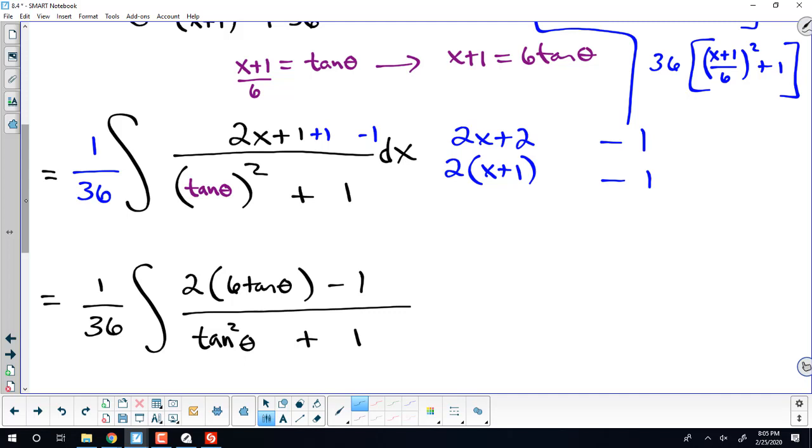So what would dx be? Six secant squared of theta d theta. Yep. Because we've got x equal to 6 tangent theta minus 1. So that's 6 secant squared theta d theta.